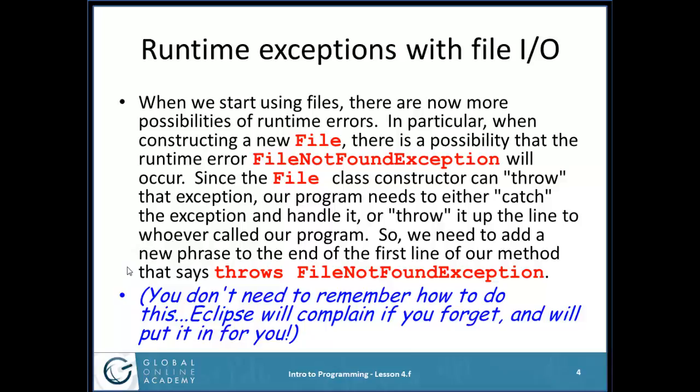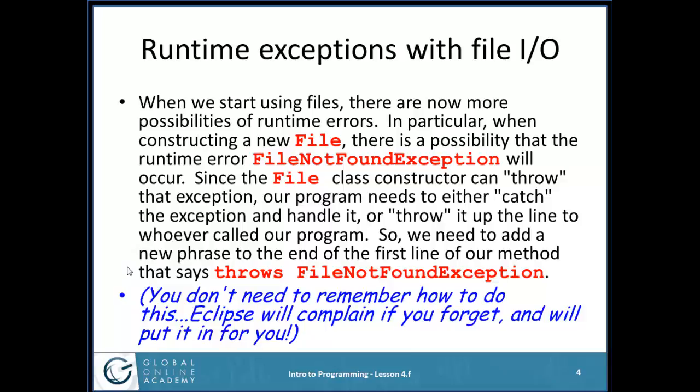We saw how we can catch exceptions before. This one throws an exception saying, I'm not going to handle it myself, but anybody that calls me needs to handle it. So either we've got to catch FileNotFoundException in our code, or we throw it up to the person that called us. That's usually easier to do.